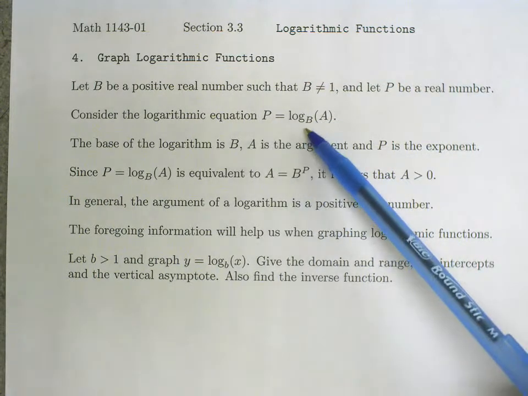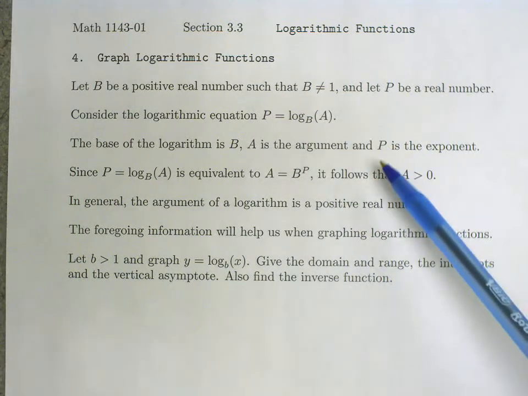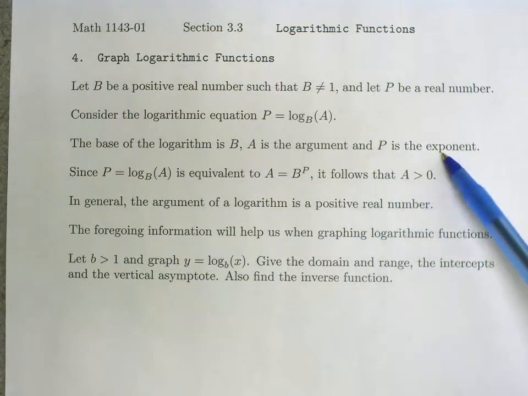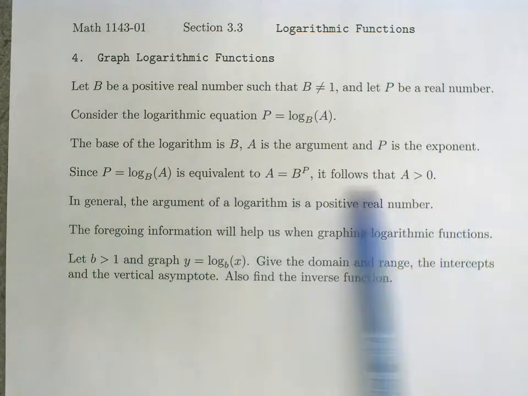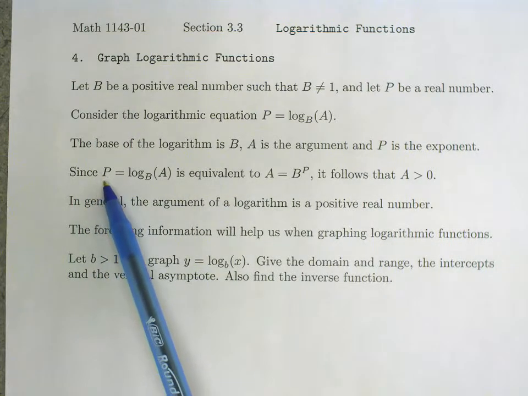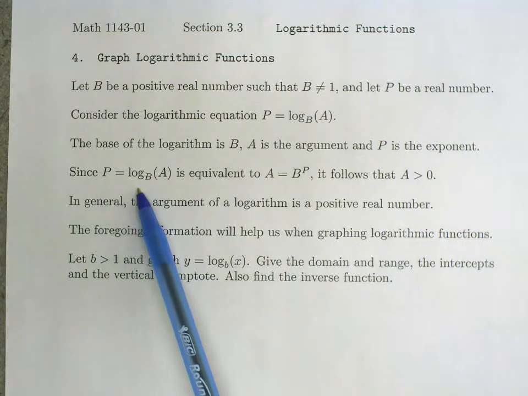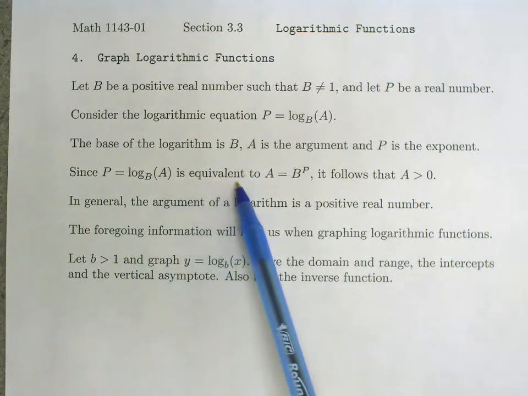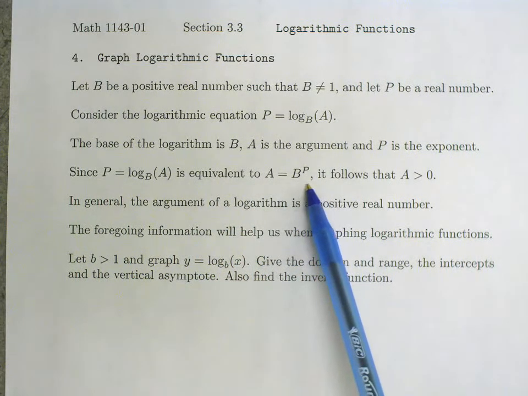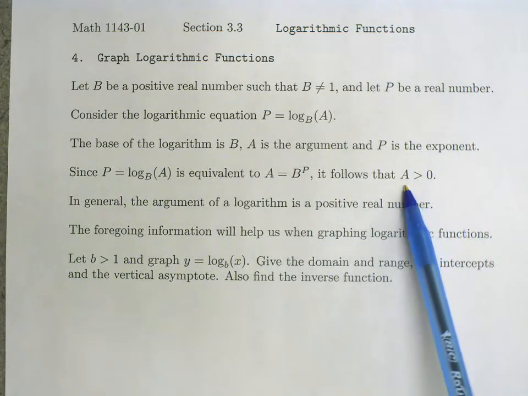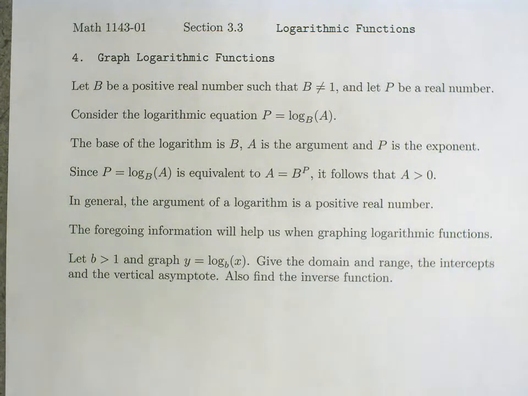And P is equal to the base B logarithm of A, so that means P is the exponent. Okay, and we've seen this before. Since P equals log base B of A is equivalent to A equals B to the P, it follows that capital A is greater than 0.